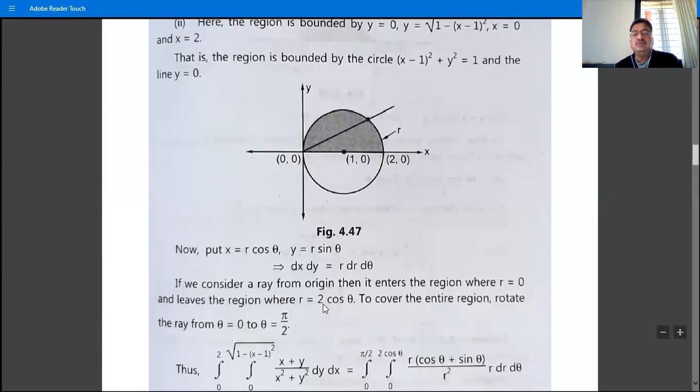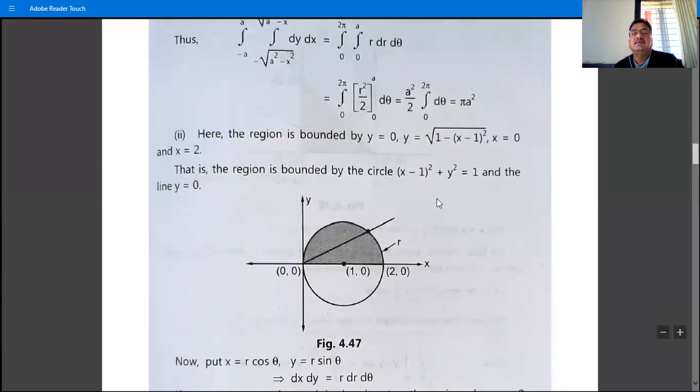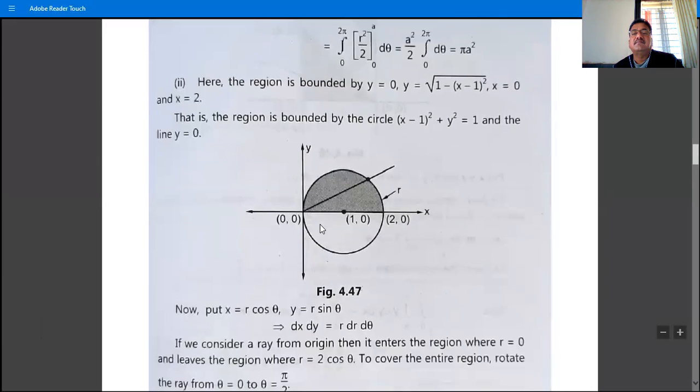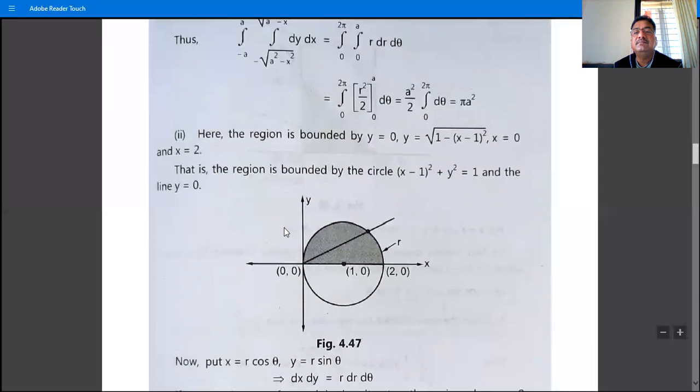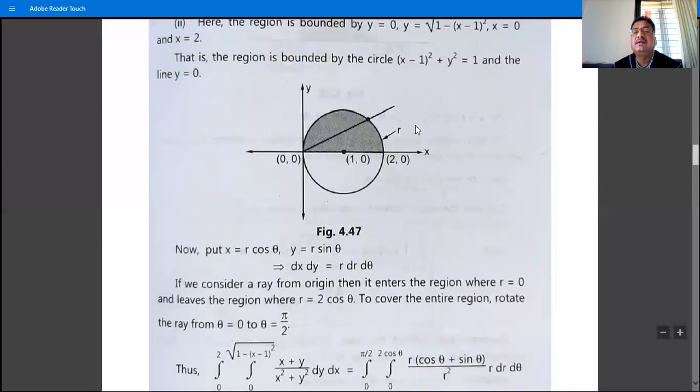x is 2 means r cos theta is 2, so r is 2 cos theta, because x is r cos theta. But the radius is 1 here.